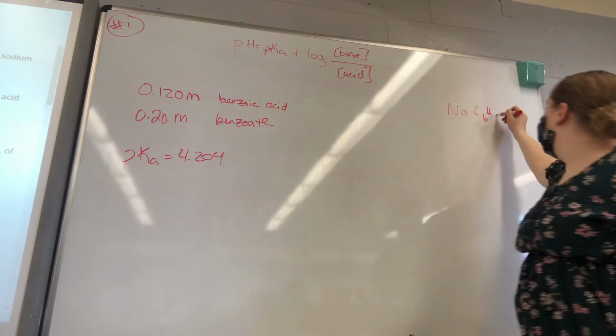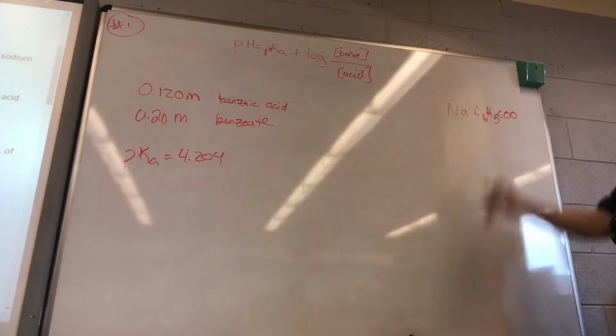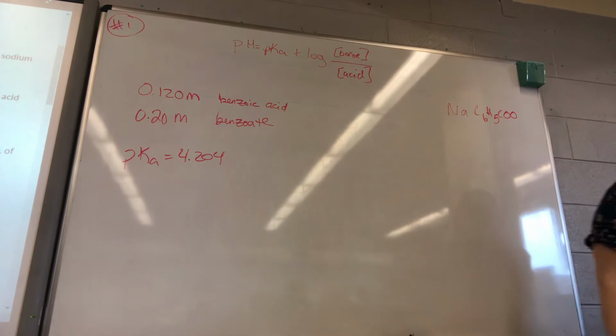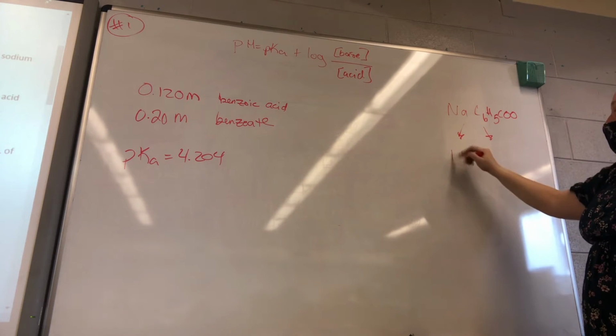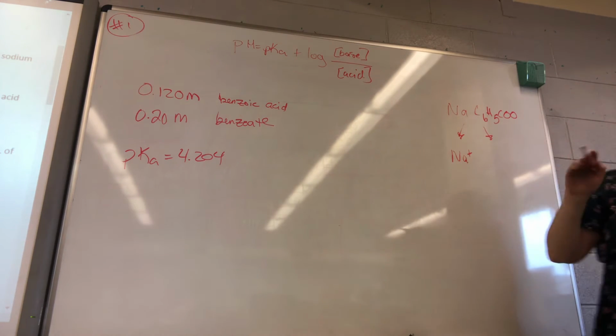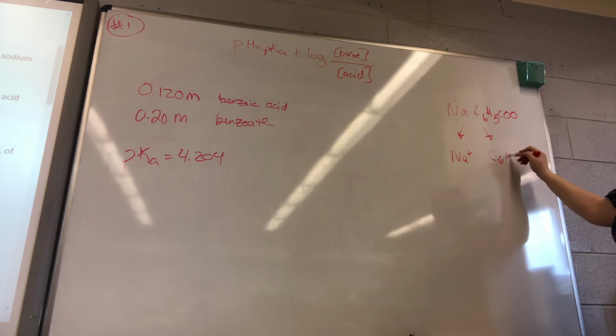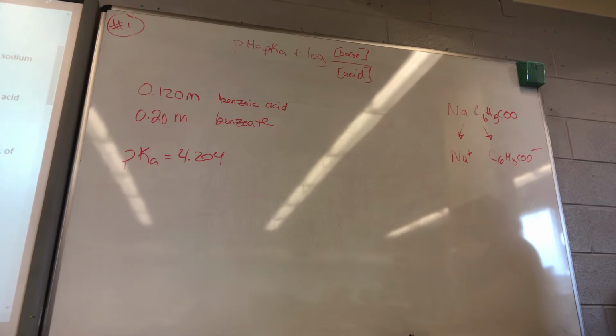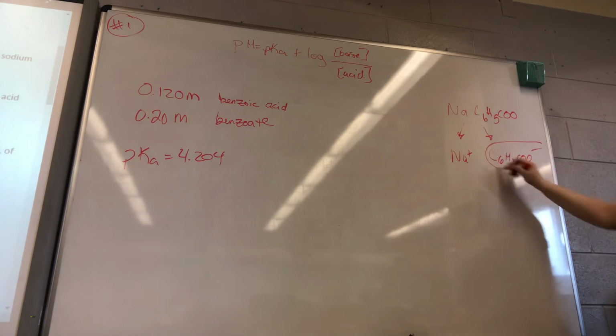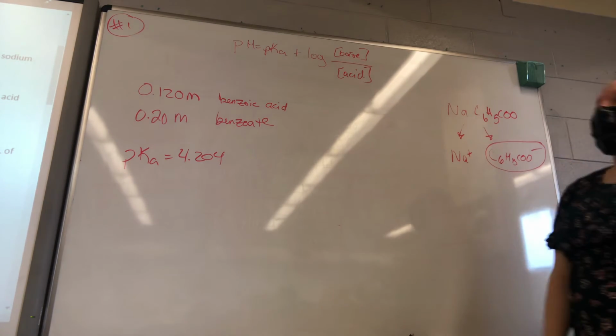C6H5. Okay? Sodium benzoate, when we dissolve it, splits into two parts. This guy, hopefully you recognize.